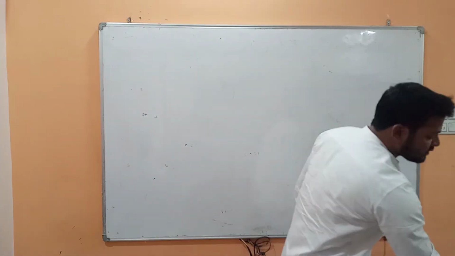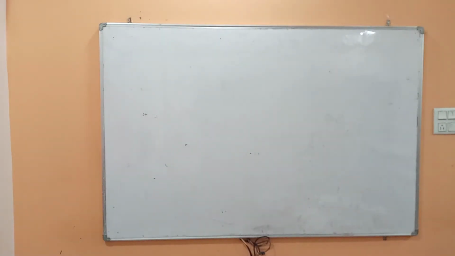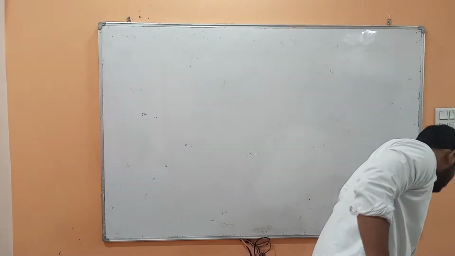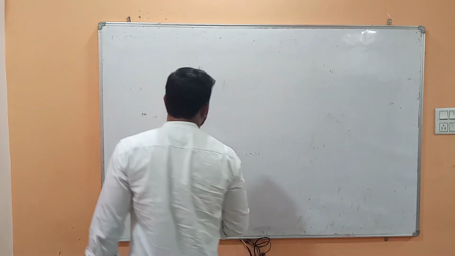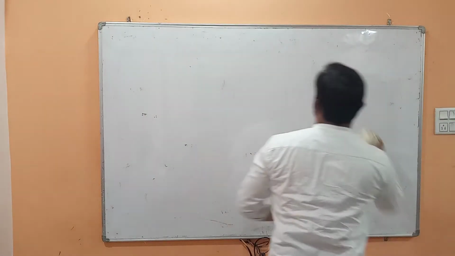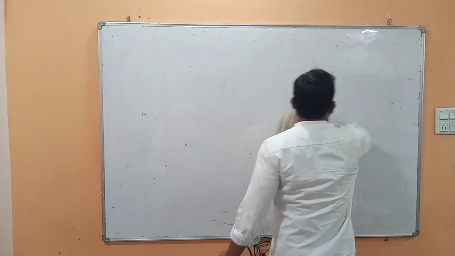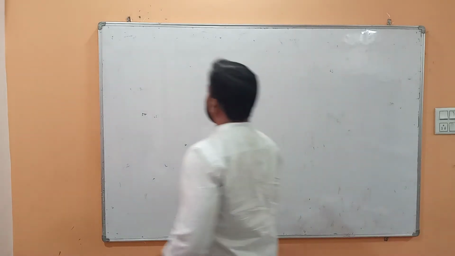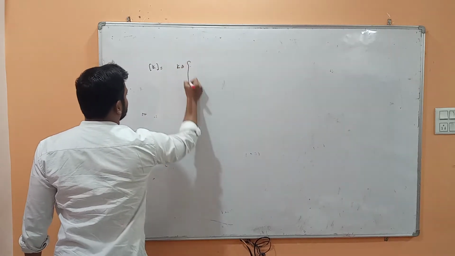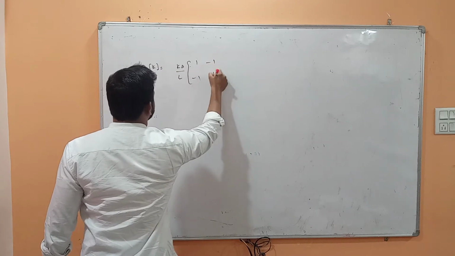If you see the list of formulas, we haven't used the third formula in forces. There are 3 types of forces. In K, we have the conduction matrix, KA by L, 1, minus 1, minus 1, 1.